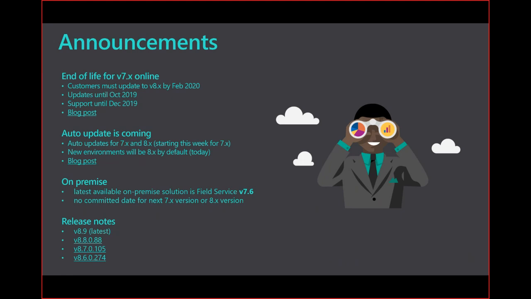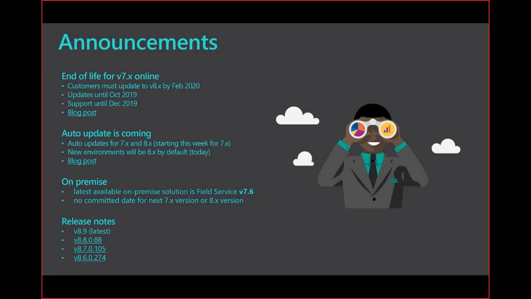Everything that I just talked through is an example, and a lot of things that you've probably seen on previous webinars around URS or CFS, most of those investments only accrue to the Field Service version 8 or URS version 3. So what we're announcing here is that 7 is going end of life.